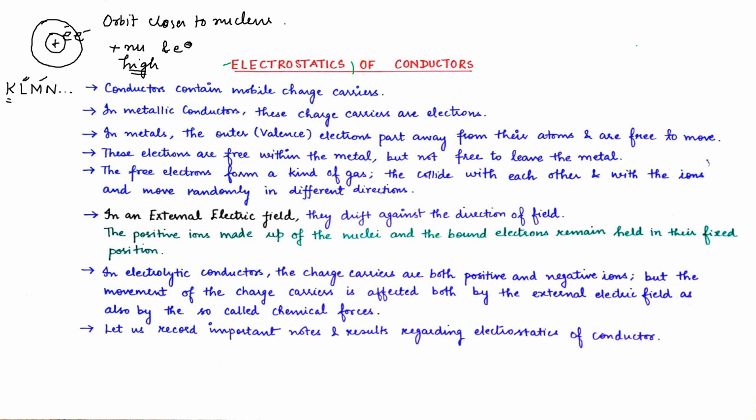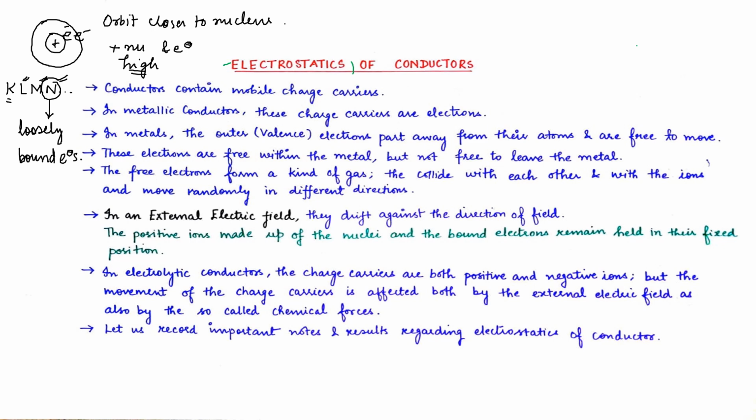If we go to M, even lesser, and for N it is quite less. The interaction between the nucleus and the electrons present in the N shell is quite less. So the electrons present in the nth shell are termed as loosely bound electrons.